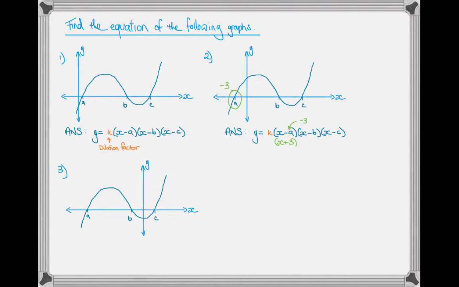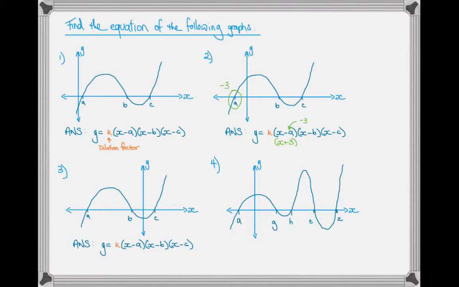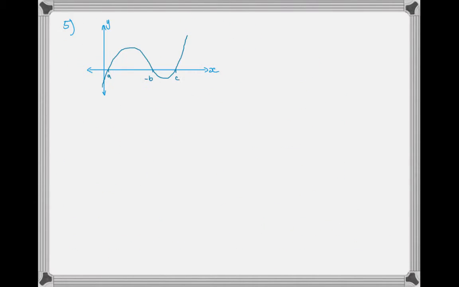That's the case no matter whether there are 1, 2 or 3 letters on the left-hand side of the y-axis. You can see that the equation doesn't change. In fact, it doesn't matter how many x-intercepts we have or whether they sit on the left-hand side or the right-hand side. In this case, we would end up with the equation k(x - a)(x - g)(x - h)(x - t)(x - z), with a dilation factor out the front.